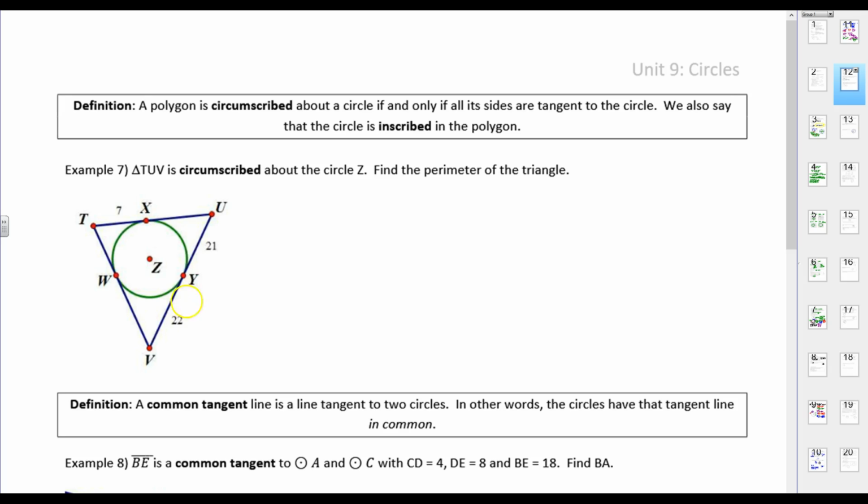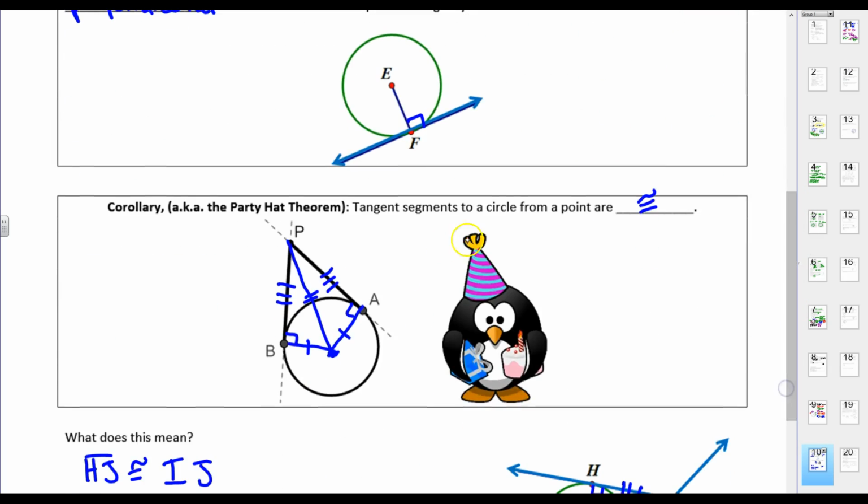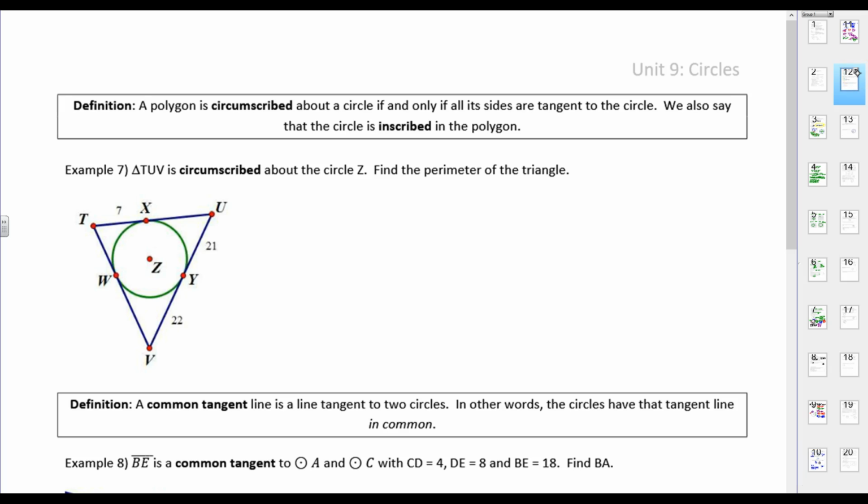Now, I want you guys to recognize that these are all tangent lines. And our party hat theorem, let's go back to our penguin friend over here. Our party hat theorem says that if I've got two segments tangent to the circle at the same point, those two segments are congruent. So looking back at this problem, if this is 7, this piece right here is also 7.